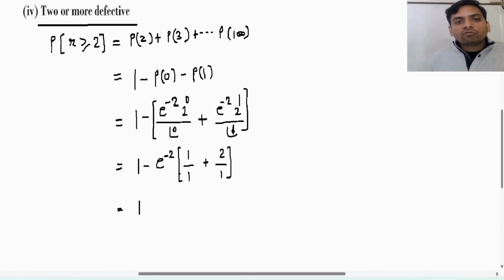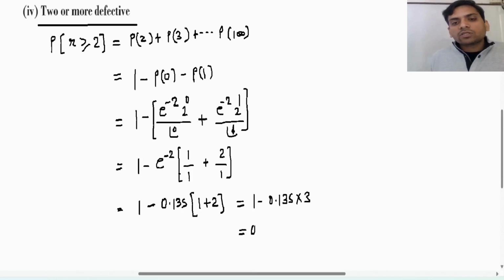Now 1 minus e raised to the power minus 2 is 0.135, and this is 1 upon 1 is 1, this is 2 upon 1 is 2, so total is 3. So you can write this as 1 minus 0.135 multiplied by 3. So please calculate, this is how much?